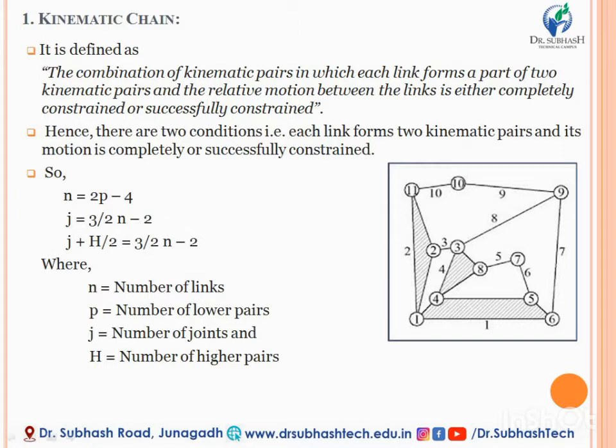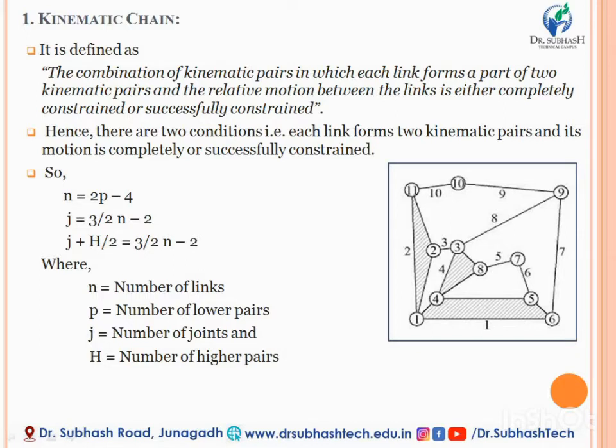Now look at the figure. It shows a kinematic chain with three links AB, BC and CA, which are pin jointed at the points A, B and C. In this case, no relative motion is possible, even though each link forms a part of two kinematic pairs. So kindly focus upon the three links AB, BC and CA.